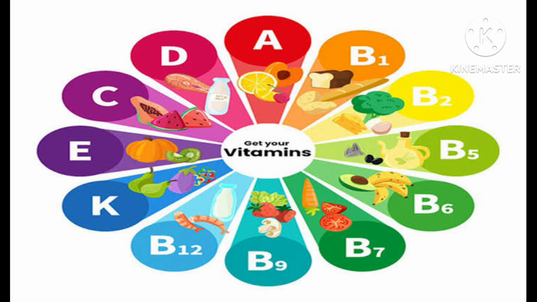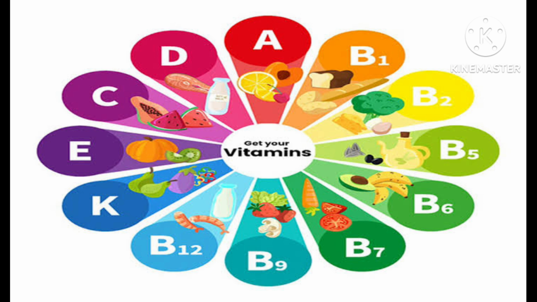Now come to the second classification, water soluble vitamins. By the name it is clear, vitamins which are soluble in water. You remember A, D, E and K, these four are fat soluble.